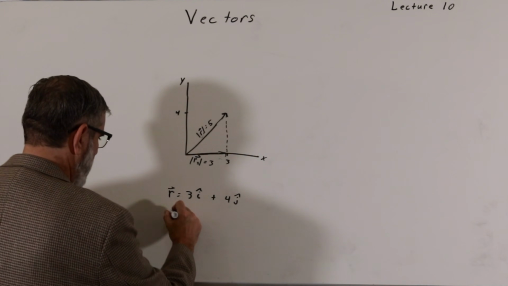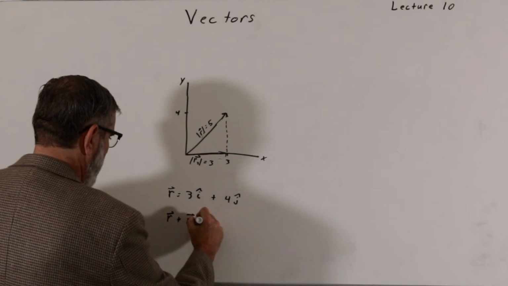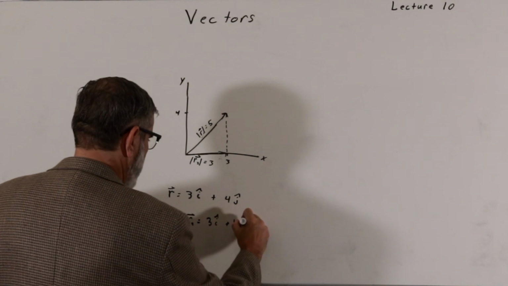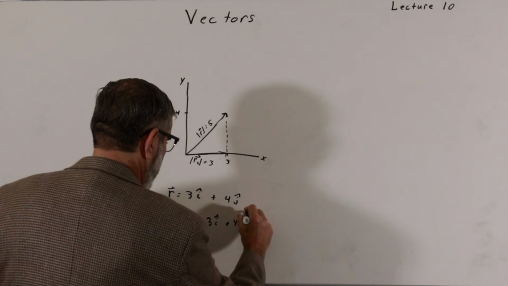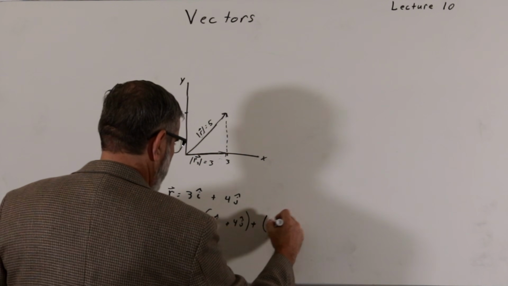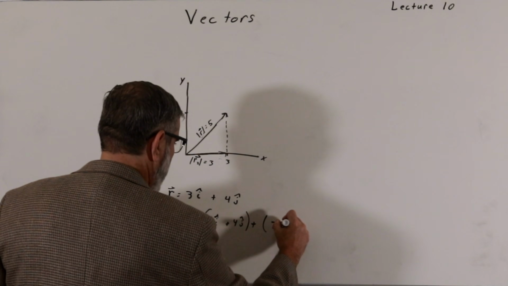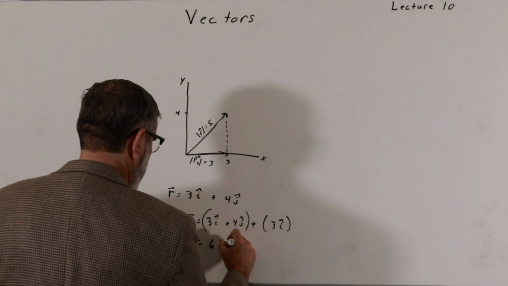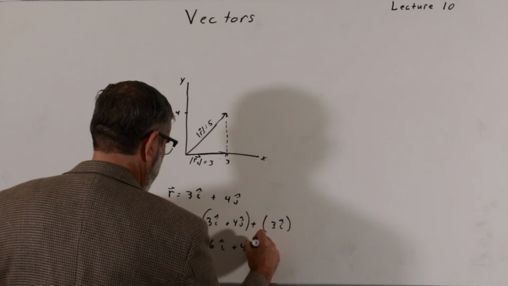So R plus R2 is equal to 3i plus 4j, that's the first vector R, plus the second vector, which only has an i component, 3i. And so that is equal to 6i plus 4j.